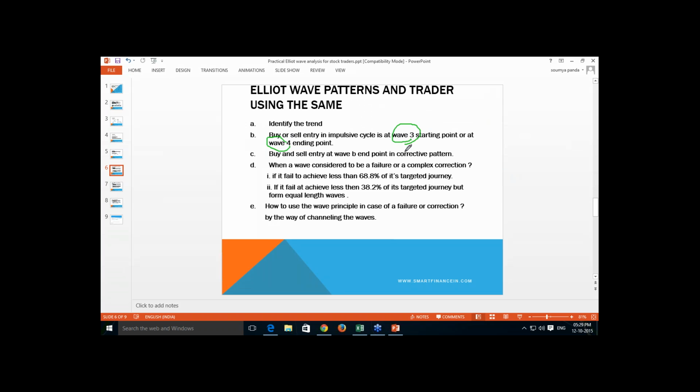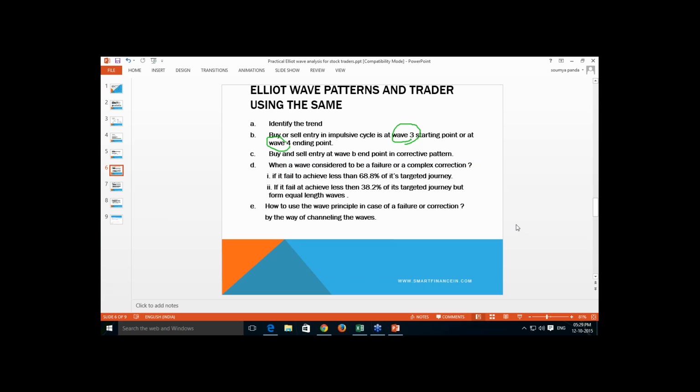Once you have made an entry at wave 3, you have an expectation that wave 3 will go to such and such level, but if it has failed to achieve 68% of that, then you will say that this wave structure is going to fail.